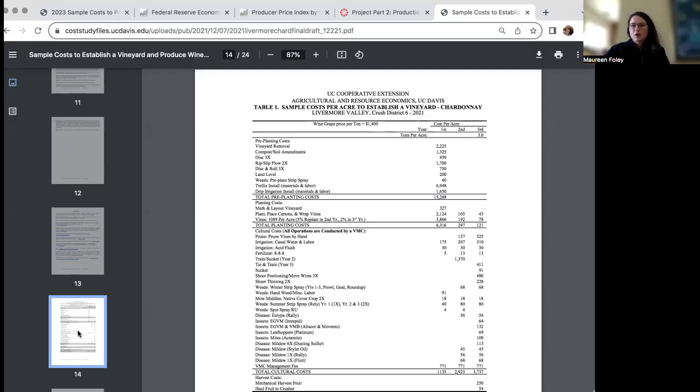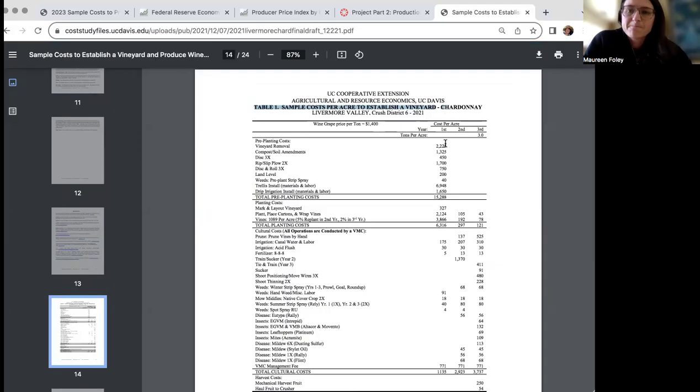You generally don't get a harvest the first few years of any tree or vineyard crop. So if this is the case for you, the first table won't be your operating costs. The first table will be your sample costs to establish a vineyard.